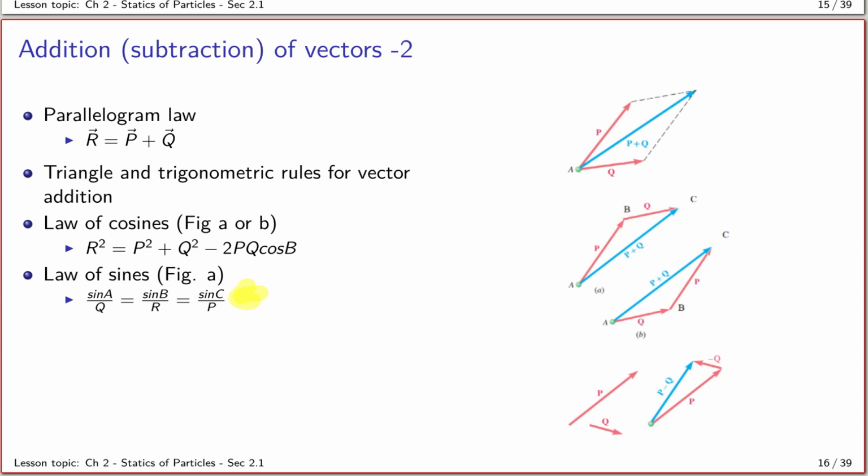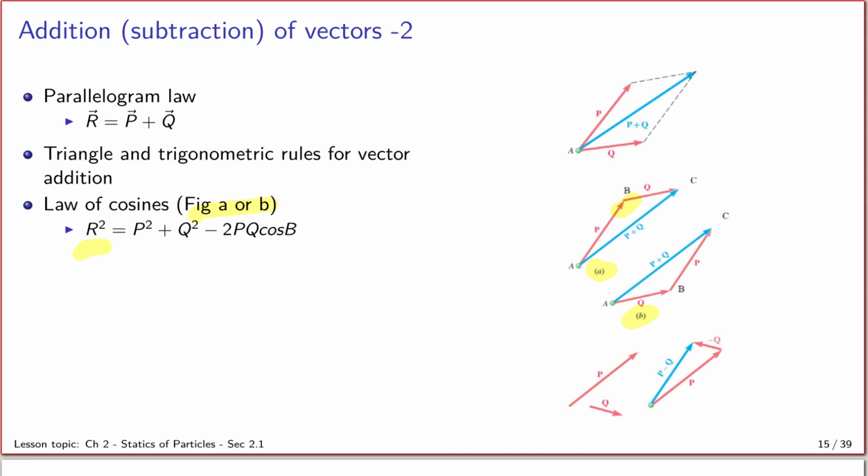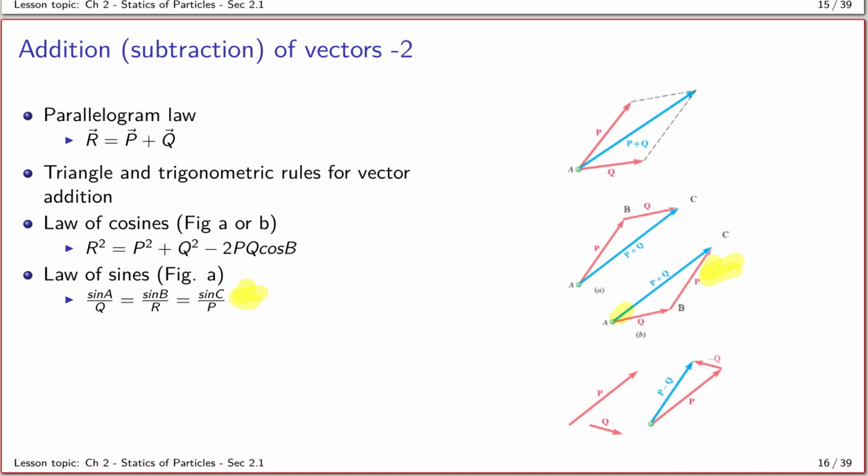For example, sine of A to the length of the opposite side, which is P here, I'm sorry, let me go back a little bit and check this carefully. The sine law is with respect to figure A. Make a note of that, and I'm going to erase these markings just so that we are sure of what we're doing.